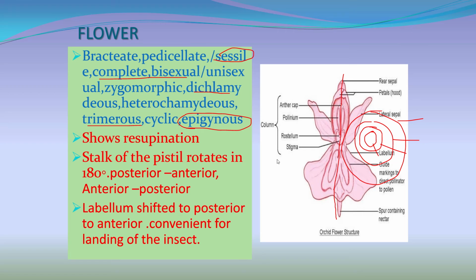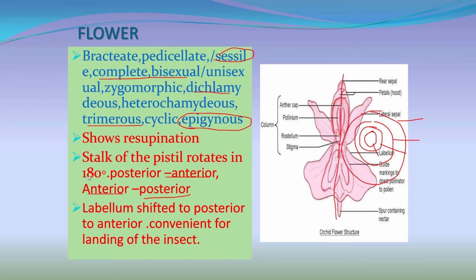In this Orchidaceae family, the flower shows resupination. What is resupination? After development of the flower, the stalk of the pistil rotates 180 degrees. So the posterior side twists to the anterior side, and the anterior side becomes the posterior side.